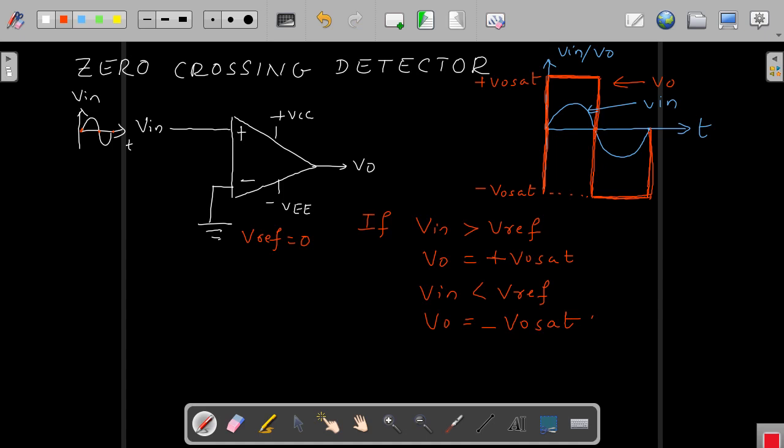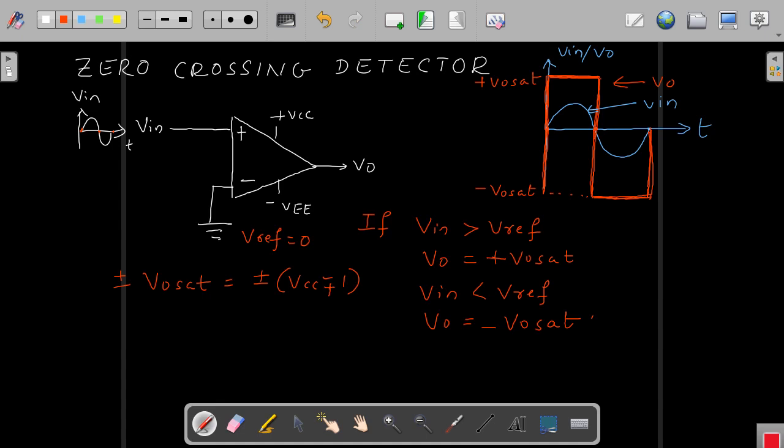And again need not mention that plus or minus V0 sat is equal to plus or minus VCC, or minus plus 1, like this we can take. We have already seen this, right?